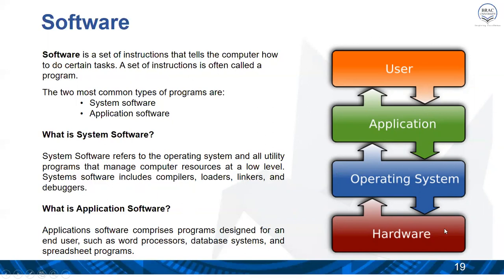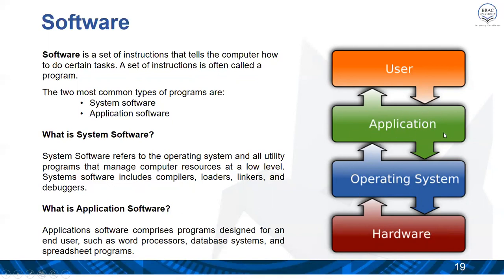Figure illustrates the relationship between application software, operating system, which is the system software, user and hardware, right? So at the top, we can see the user, and then the application software, operating systems, and hardware.